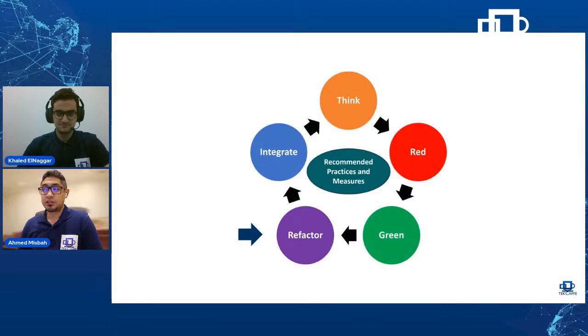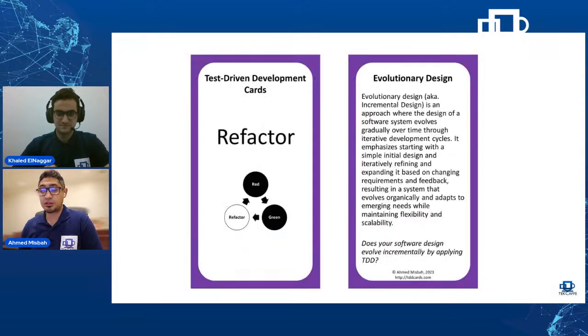So let's move to the refactor phase and let's pull out a card from that category. So the card is about evolutionary design. So Khaled, why don't you read that out for us? Yes, Ahmed. The evolutionary design, also known as incremental design, is an approach where the design of a software system evolves gradually over time through iterative development cycles.